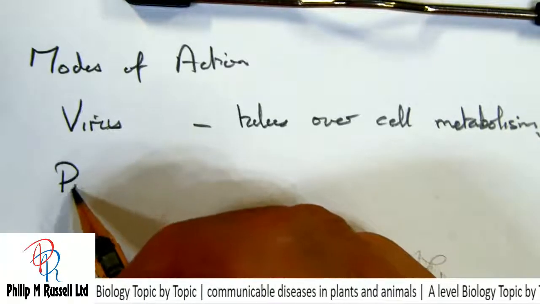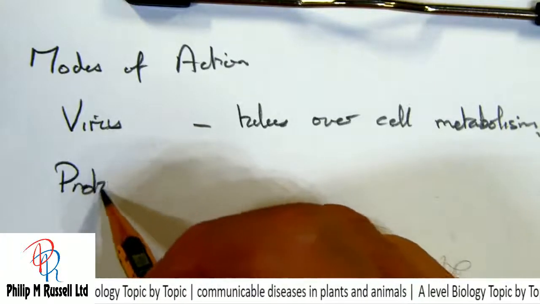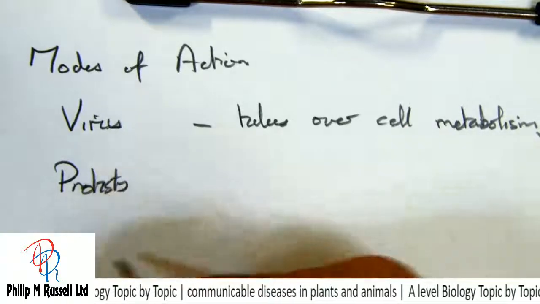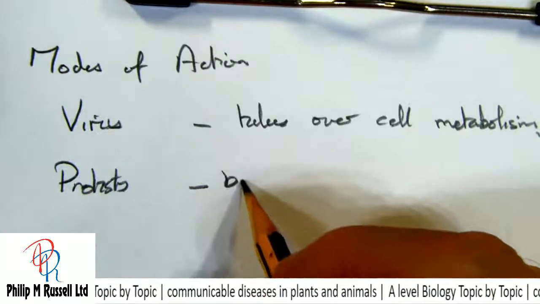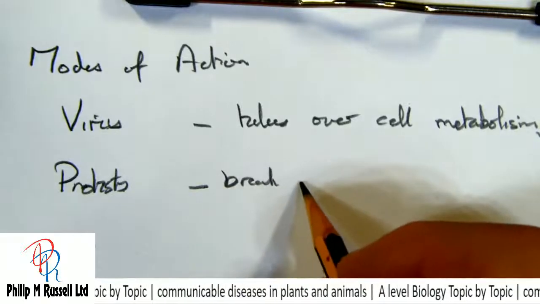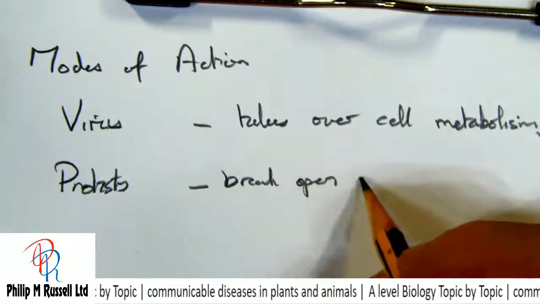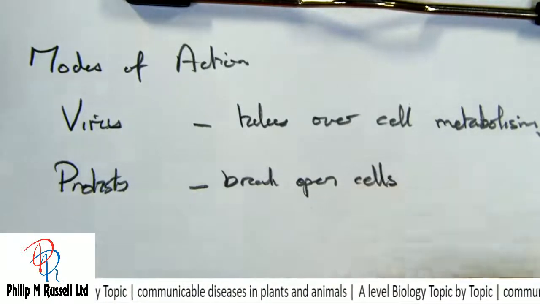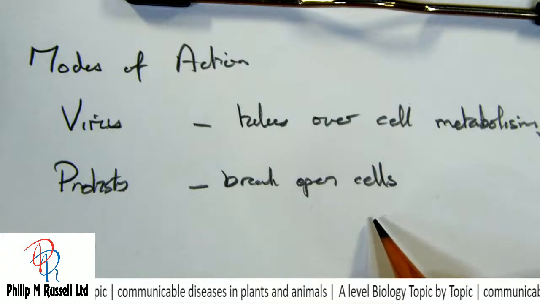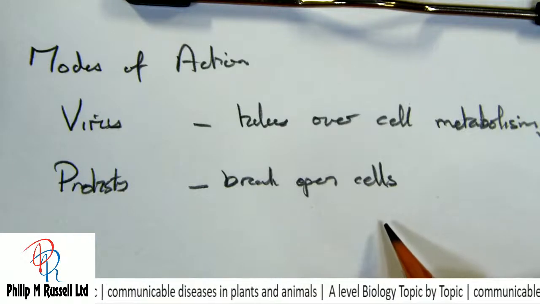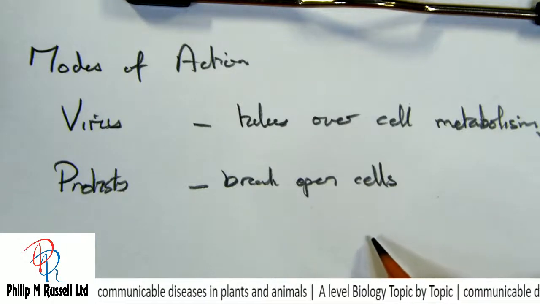How about the protists? Well, some protists take over cells. They tend to break them open, and basically they take over the cells and break them open as a new generation appears.